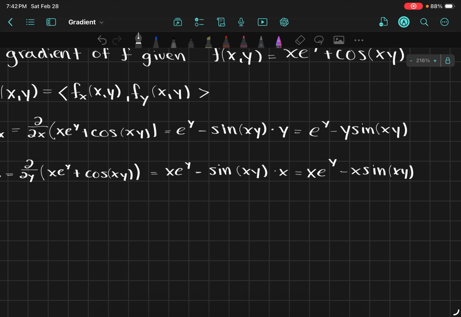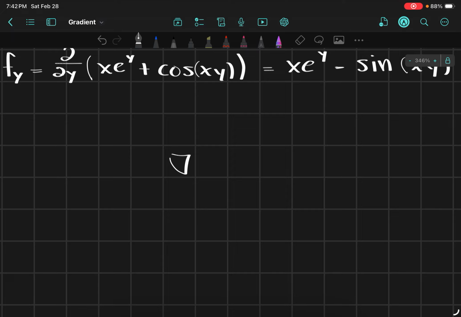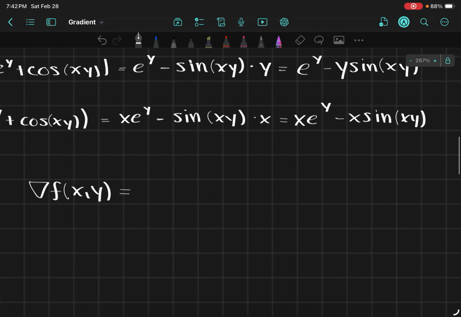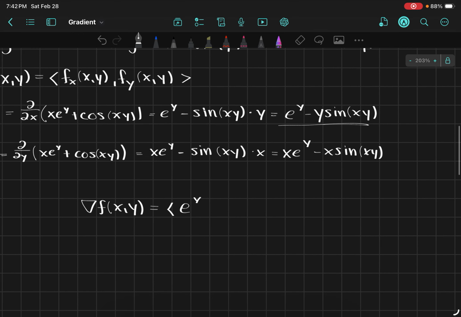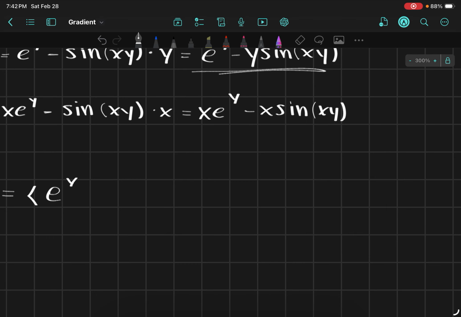So what is our gradient going to look like? Well, we have our del operator here, a little bit ugly. Our del operator of our function f(x,y). So our gradient of f(x,y) is going to equal the vector: e to the y minus y sine of xy, that's our f sub x.